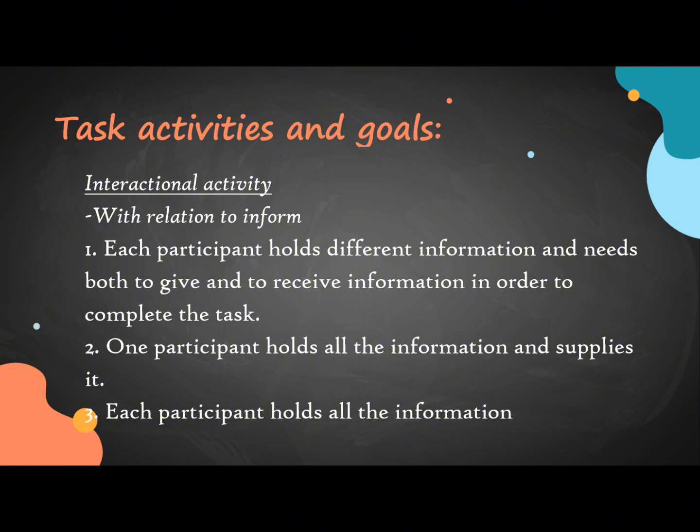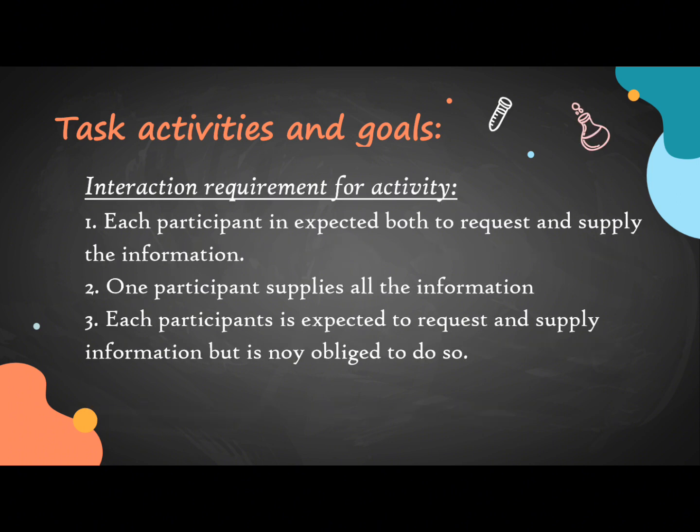Of course, for you to complete the task, the two of you must give and receive the information. Second is one participant holds all the information and supplies it. Third or lastly, we have each participant holds all the information.